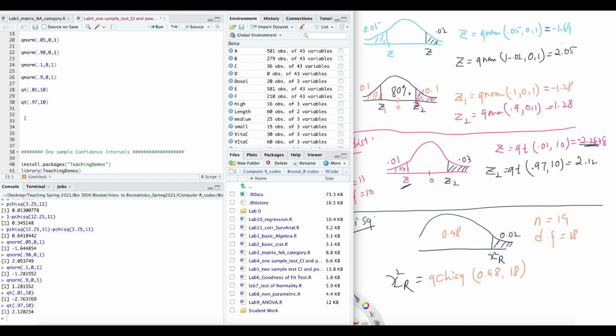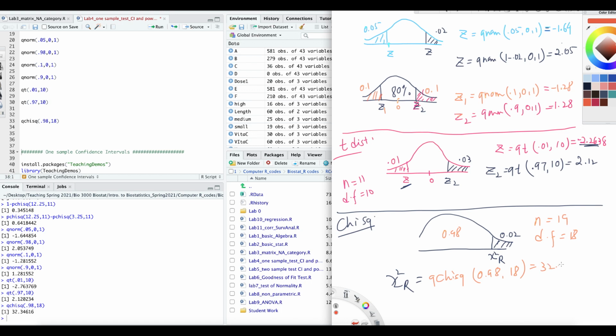Q chi-square, 0.98, and degrees of freedom is 18 because the sample size was 19. If you run that, you will get 32.3462. Similarly, if the left area is given, you can do the same thing.